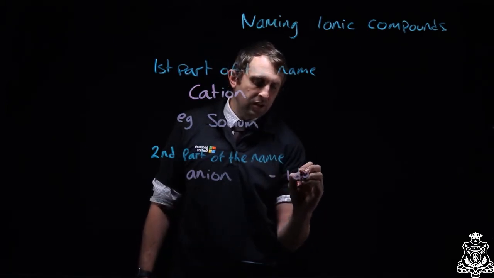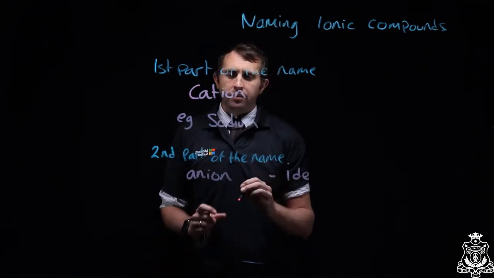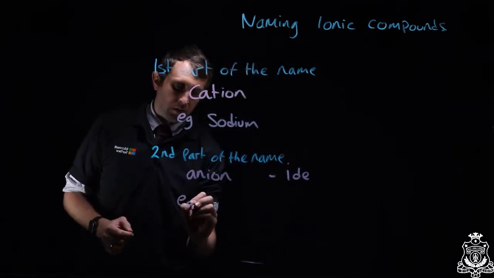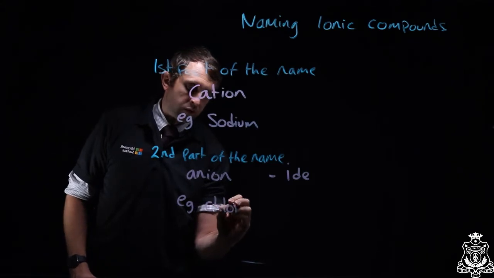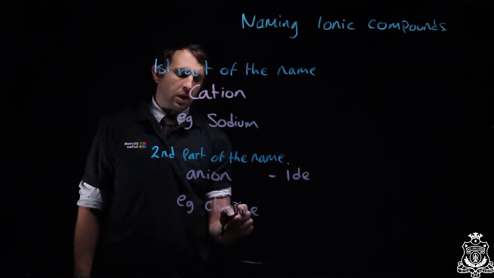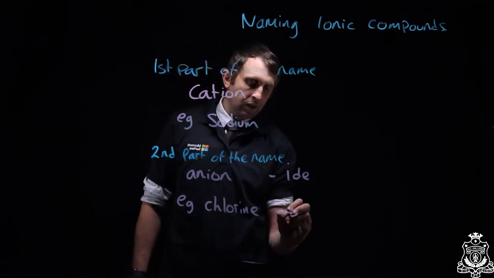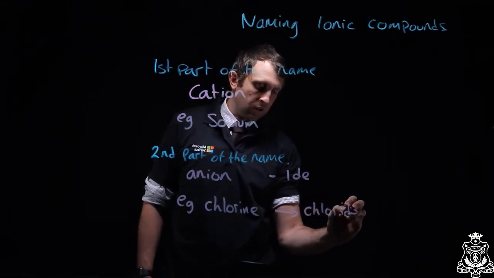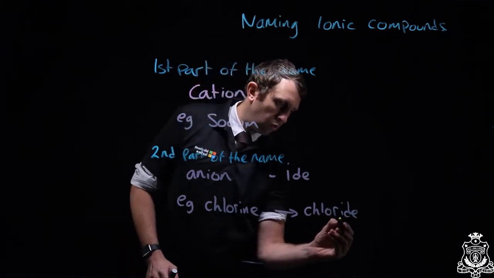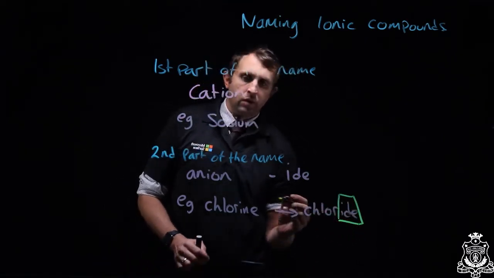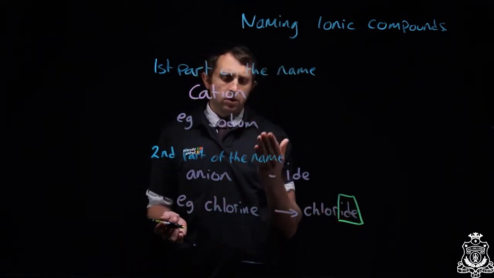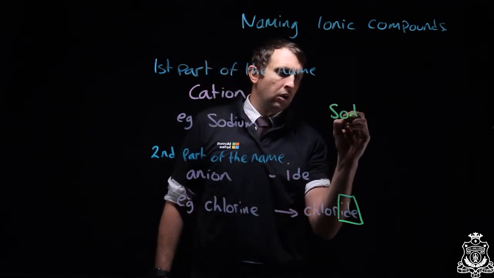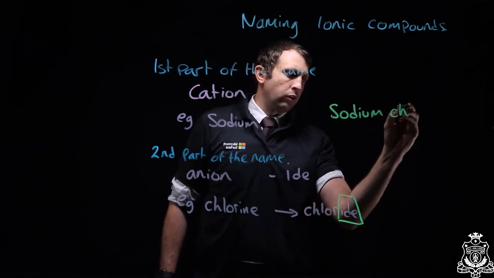So if we're joining, let's say, chlorine, instead of chlorine we add IDE, so it becomes chloride. Okay, chloride. So sodium and chlorine makes sodium chloride.